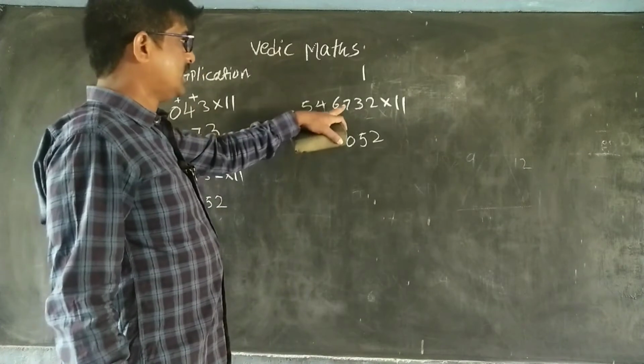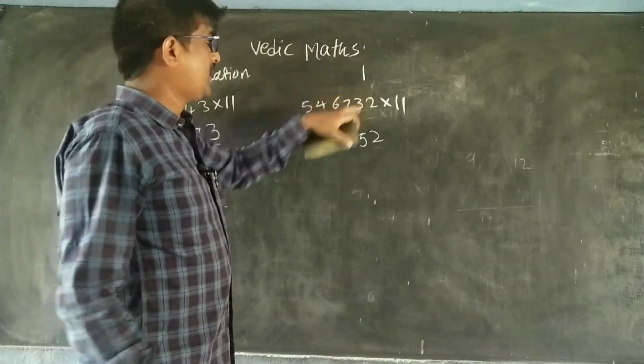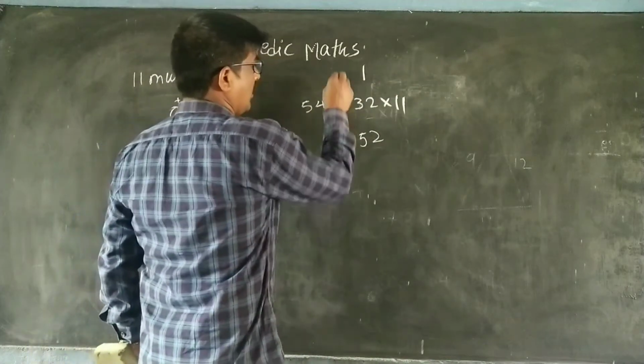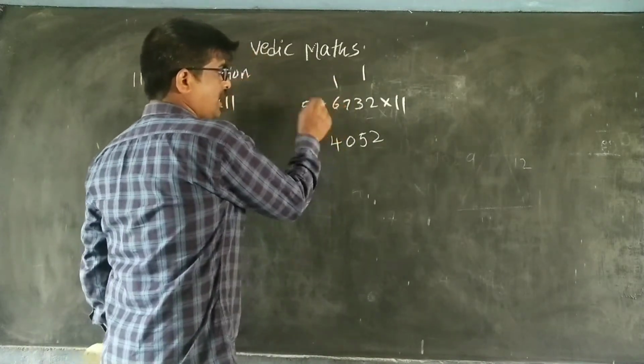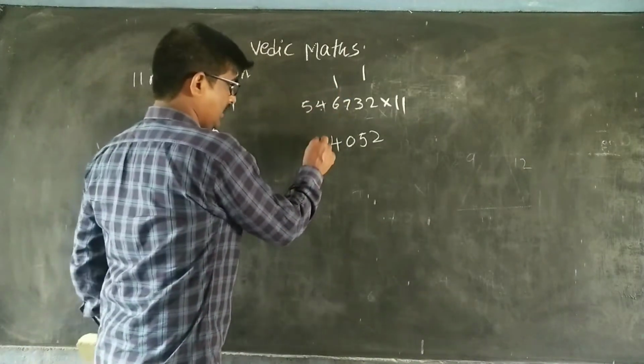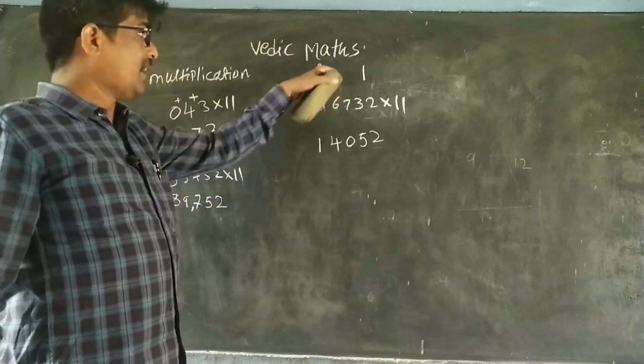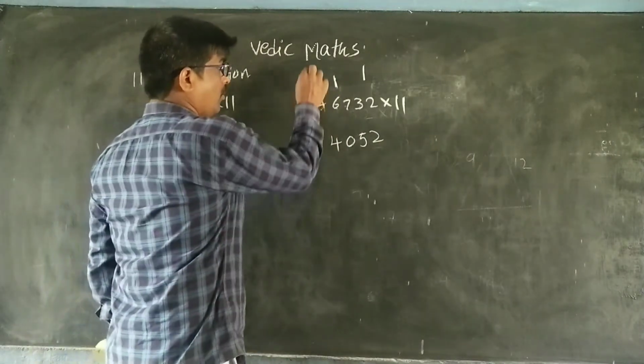Keep it in mind. 7 plus 6 is 13, 13 plus 1 is 14, carry 1. 6 plus 4 is 10, 10 plus 1 is 11. 4 plus 5 is 9, 9 plus 1 is 10, carry 1.